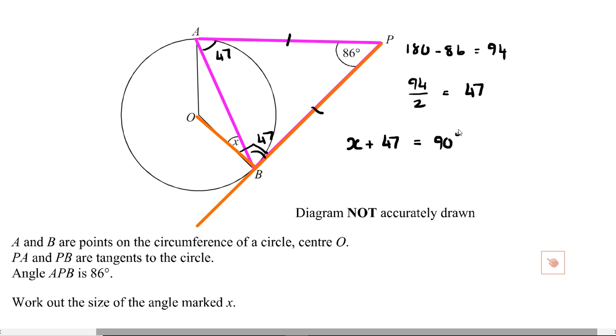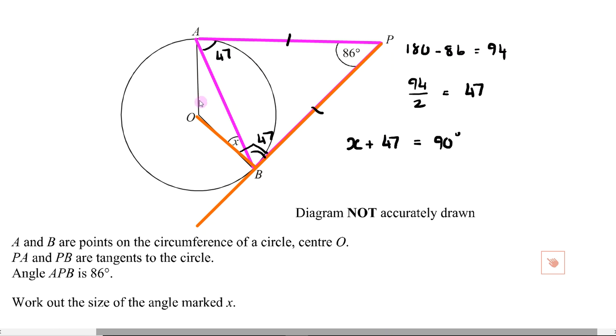Would it be a rule to say that if you have a triangle inside a circle in which one point is on the origin and the other 2 points are on the circumference, would that always be an isosceles triangle?